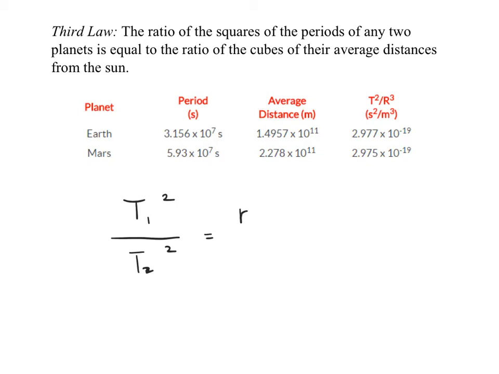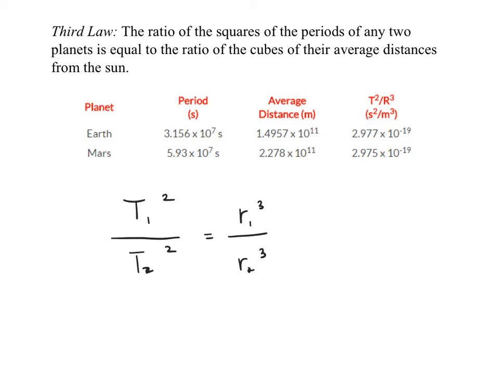So we're going to say R1 cubed over R2 cubed. And what we're going to recognize for a problem like this is that we can resolve this by switching these two positions. Remember mathematically earlier this year I kept saying, whenever you have a proportion, you can multiply this up and divide that down. So just switch these two positions.